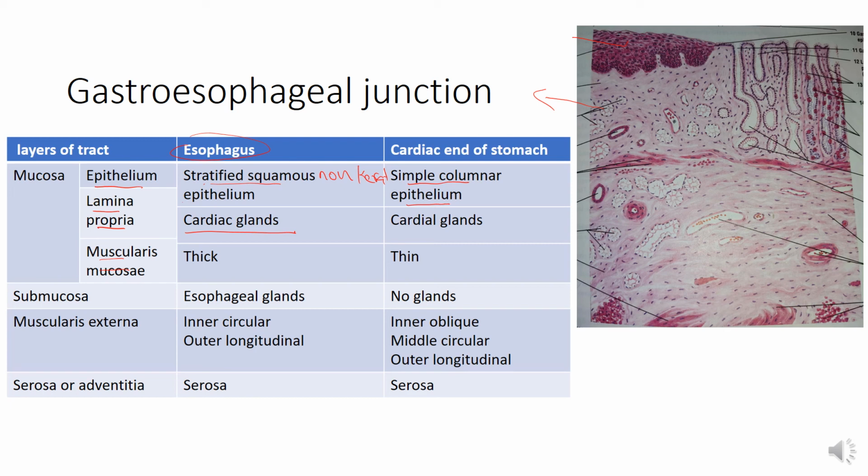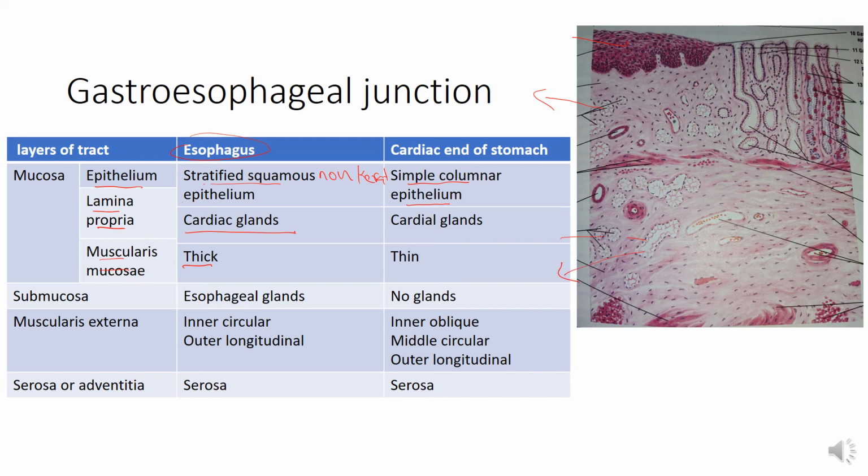So four kinds of cells are present: mucous, enteroendocrine, stem cell, and a few parietal cells. Muscularis mucosae in case of esophagus is thick, while it is thin in case of the cardiac end of stomach.